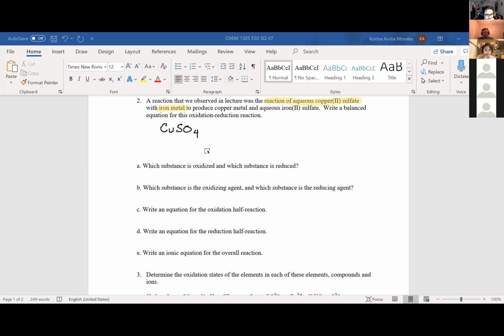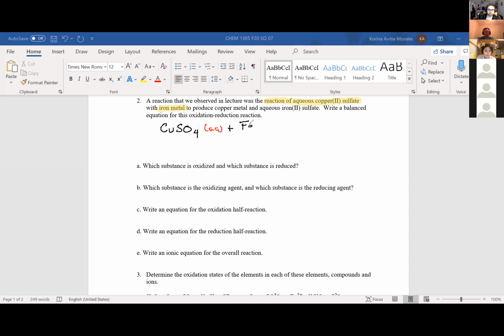Okay, so this is aqueous, right? What does it react with? It's the reaction of aqueous copper 2 sulfate with what? Iron, right? How do you write iron? Fe.